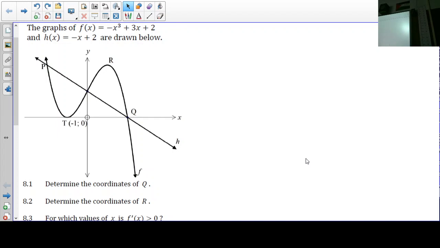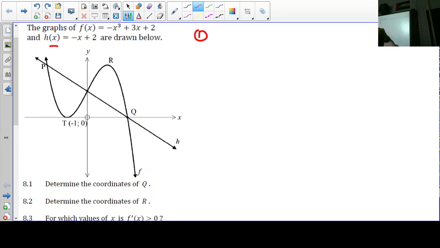If you look at what we have here, we have the equation of the straight line and the equation of the cubic function. Since it's going to be easier to work with the equation of the straight line, I'm going to use that.